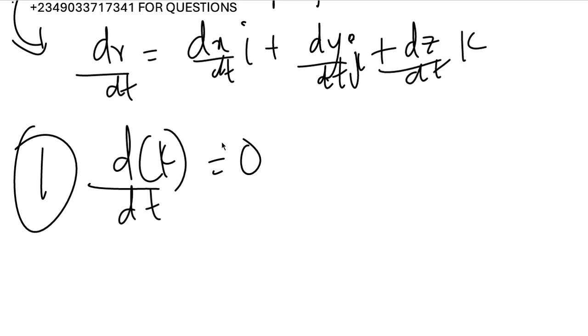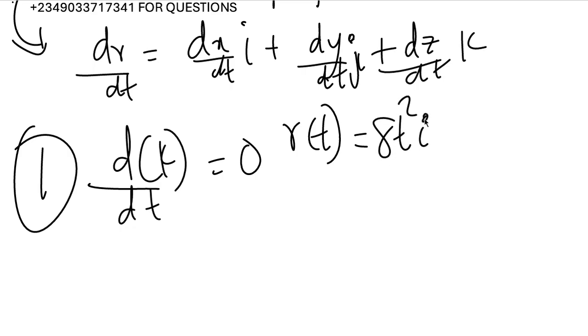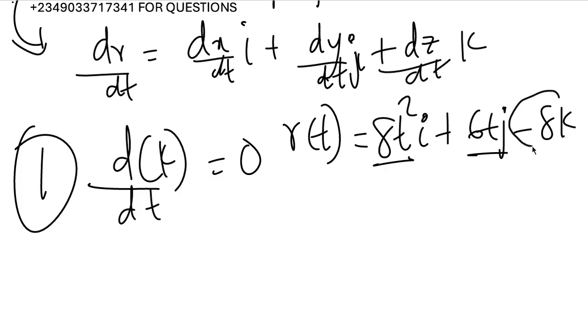So let's say I'm given a vector function with respect to a scalar, 8t squared i, plus 6t j, minus 8k. Let's not look into the first terms right now. The last one contains no t; it's just a constant, which is negative 8. So if you are differentiating this segment, it's simply going to be 0k, right? It's a constant, so the differential is going to be 0.